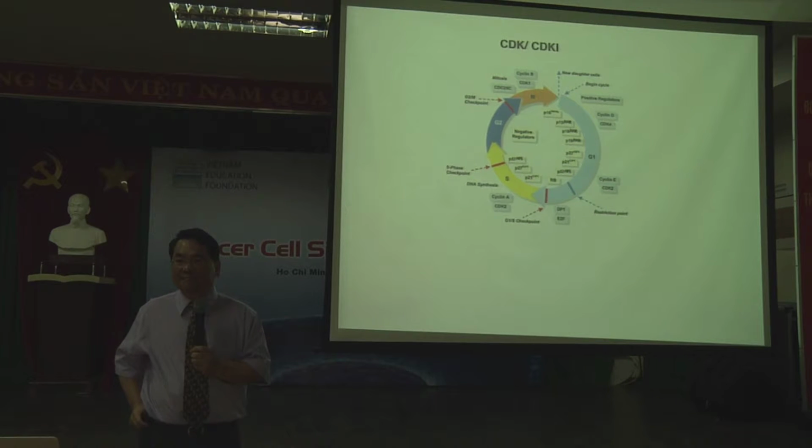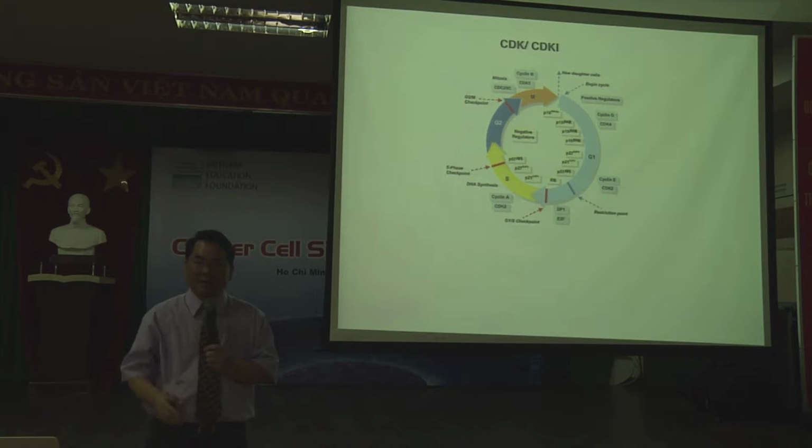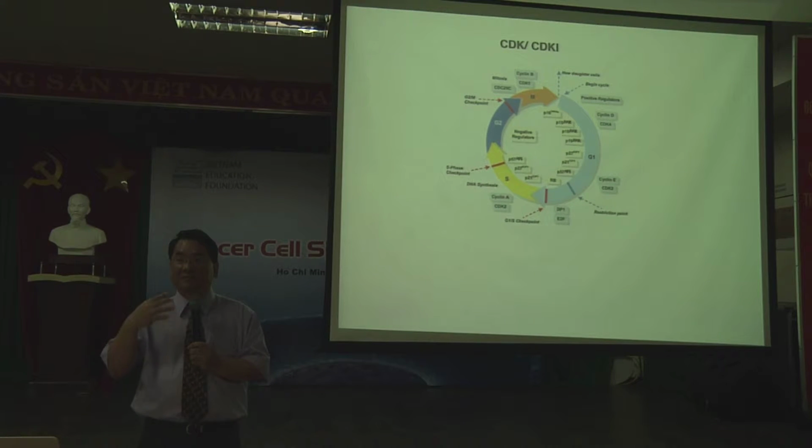So is there any activator? Activator, as I mentioned, the positive regulator, includes cyclin CDK. So in some cancers, they manage to have overexpression of cyclin E or cyclin D. Because of this, they manage to maintain the stability of these proteins. Cyclins get their name because they come and go.